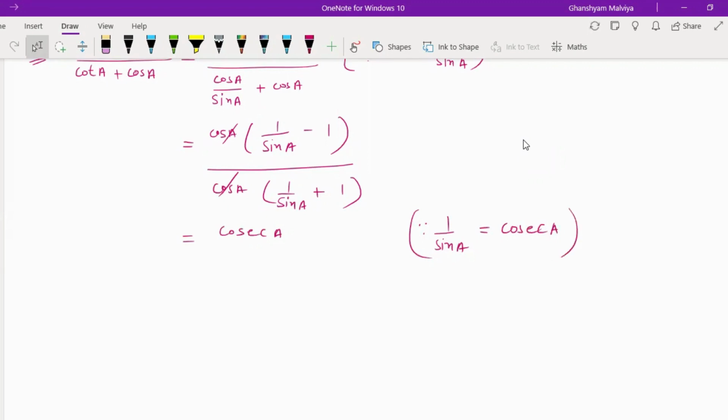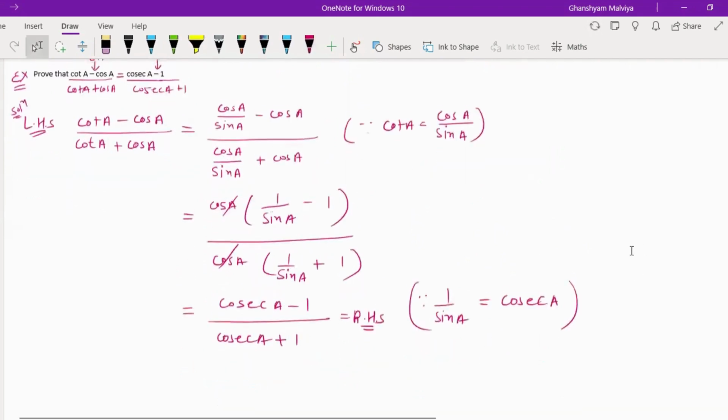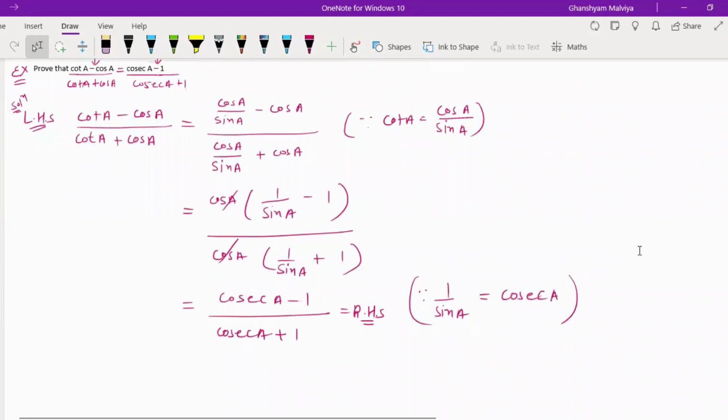So (cosec A minus 1) divided by (cosec A plus 1). Okay, Advaita, this is your RHS. Because our question is (cot A minus cos A) divided by (cot A plus cos A) equals (cosec A minus 1) divided by (cosec A plus 1). We have used this identity and we have solved. Clear this one? Yes, sir.